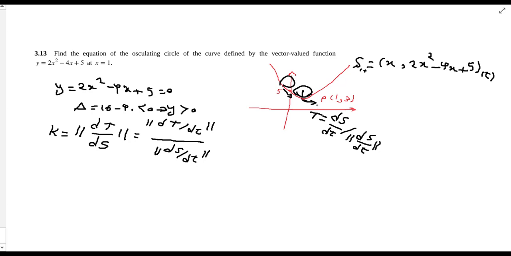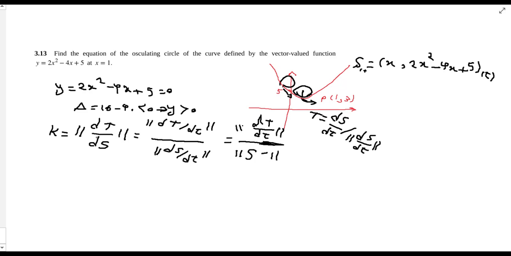So I can write dT over dt divided by the norm of ds over dt, and here I have to take the derivative of this.